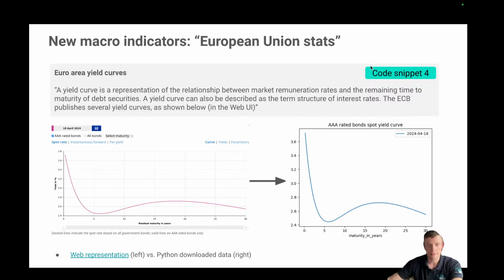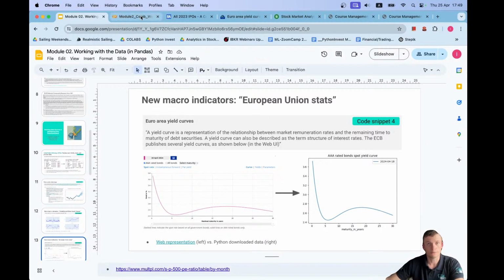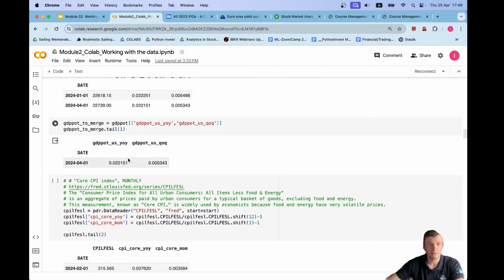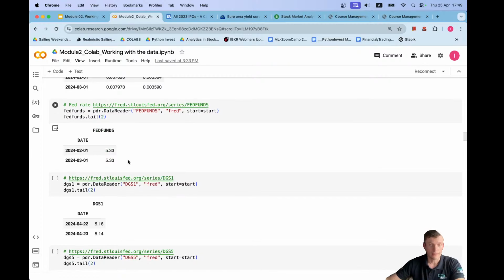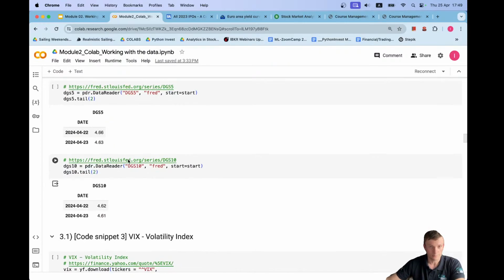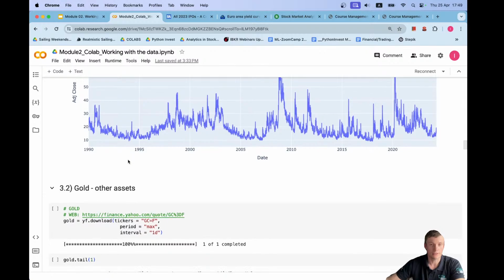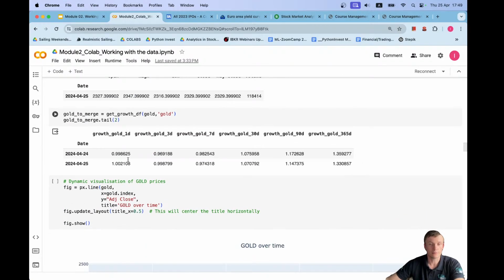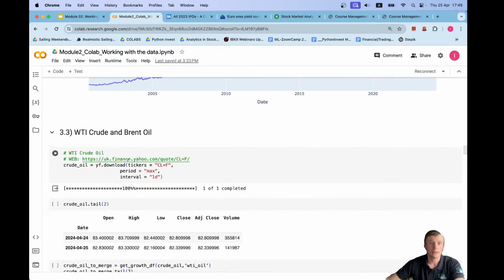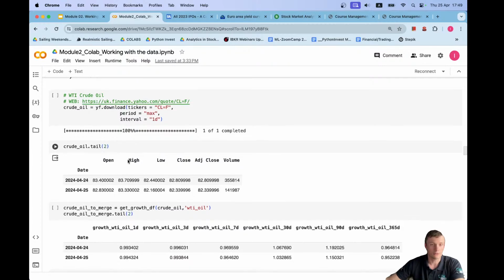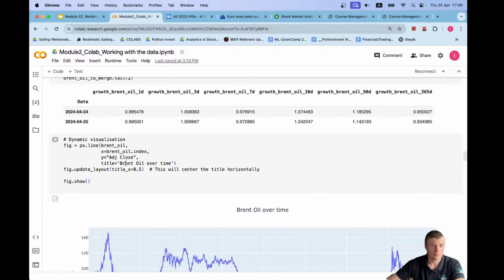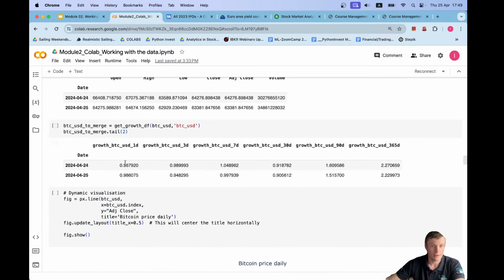This is an advanced data set, but I want to highlight that if you want to analyze some stocks or instruments in Europe, especially if they're connected with debt or bond instruments, this is a good data set to have. Let me find where I have it.